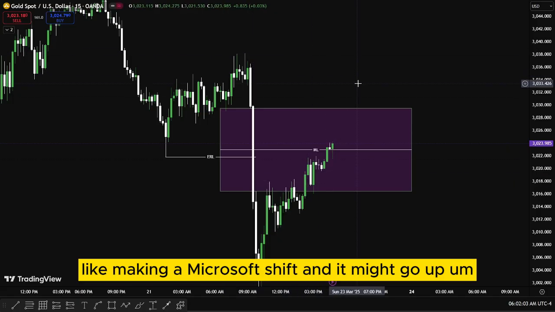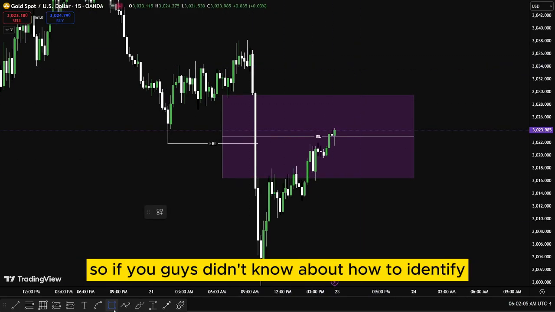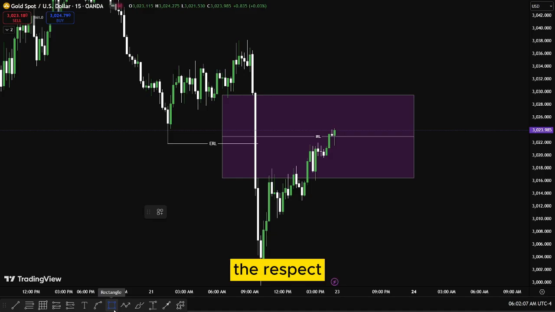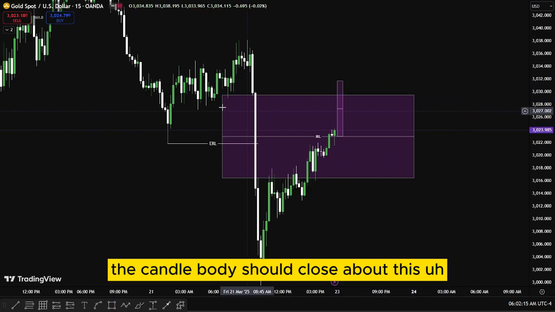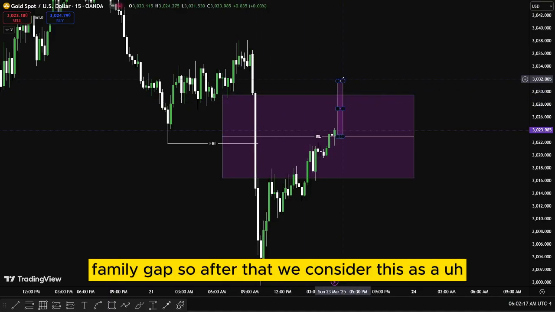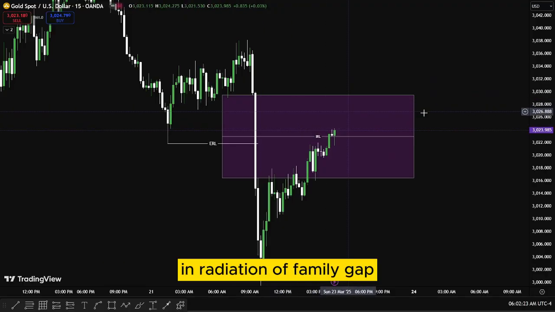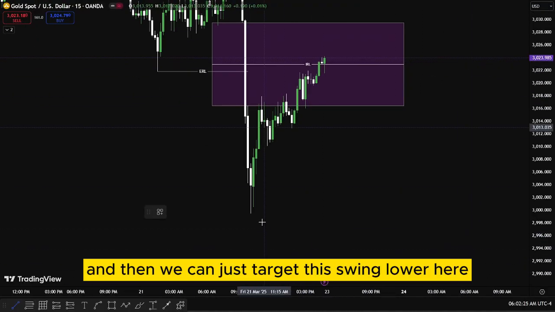If you don't know how to identify the respect move, that means if a candle closes, the candle body should close above this fair value gap. After that, we consider this an invalidation of the fair value gap, and then we can just target this swing low over here.